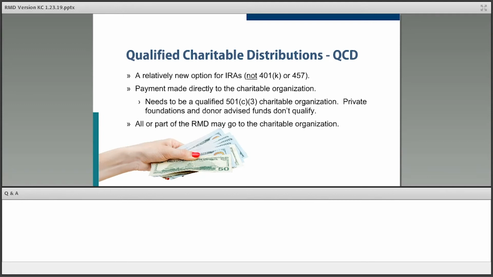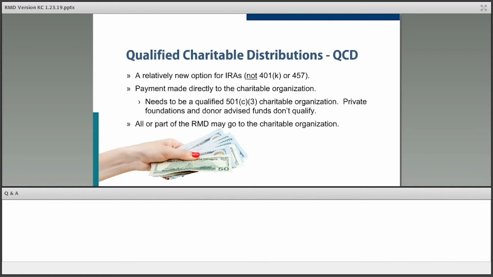If you're in that situation, it's a fairly easy transaction for us to help you with that here at Utah Retirement Systems. We would just need you to set up a traditional IRA account, and then it's a very simple form to move the money from your 401k or 457 to that traditional IRA account, because again, the qualified charitable distribution can only be made from that traditional IRA account.